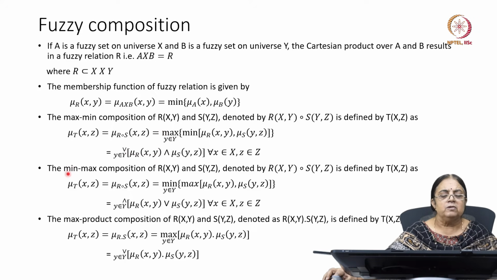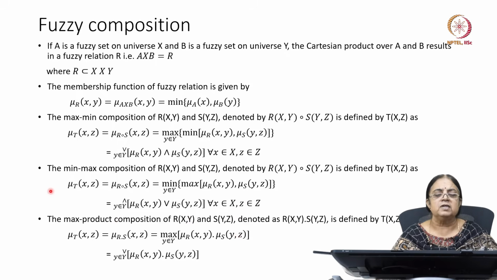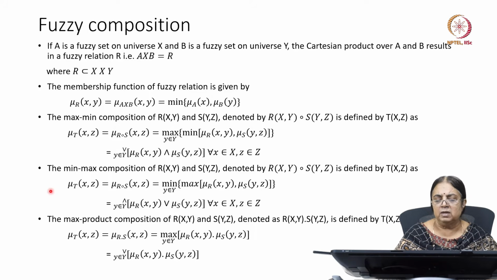You can also have the min max composition, where you have the min of the max of these values. You can also have the max product, where you have the product of these two. All these are various ways in which the composition can be carried out between two relations Rxy and Syz. In what ways can they actually be combined?